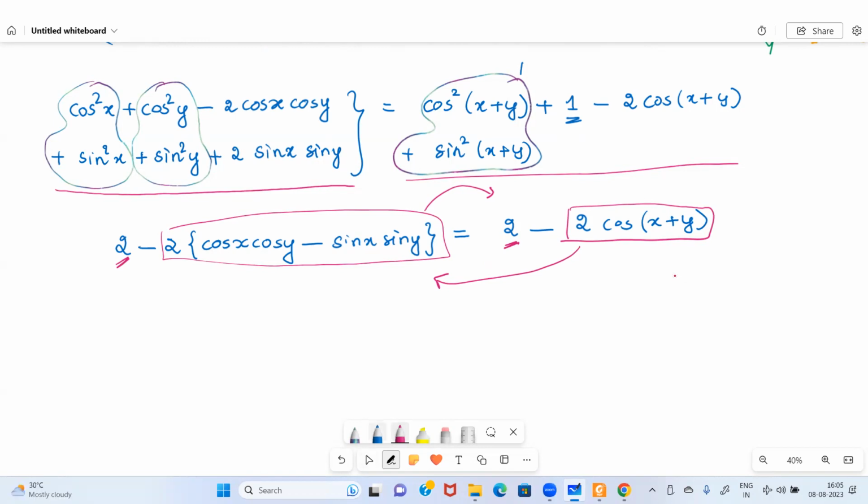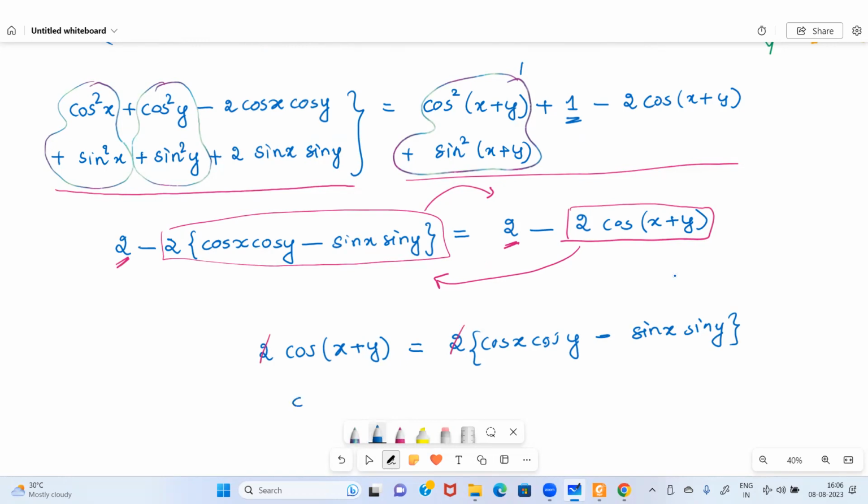So I get, when I bring minus 2 cos of x plus y, I get 2 cos of x plus y is equal to 2 times of cos x cos y minus sin x sin y. So what gets cancelled, students? This 2 gets cancelled.